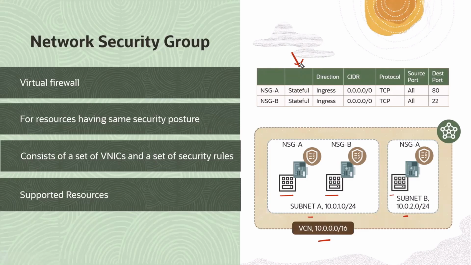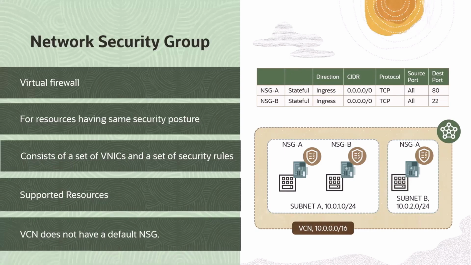And what we have also done is we have associated the NSG A to this instance and this particular instance. And we have associated NSG B to this particular instance. So if we talk about this particular instance, anyone in internet will be able to perform an SSH to this instance because we have allowed port 22.